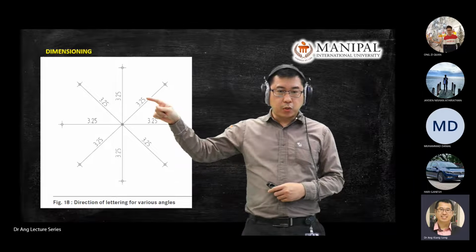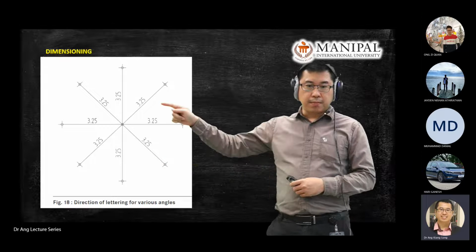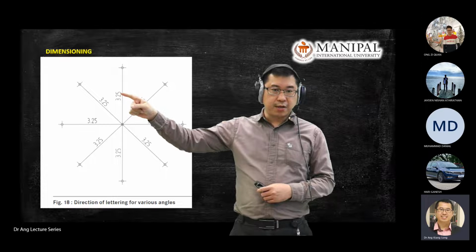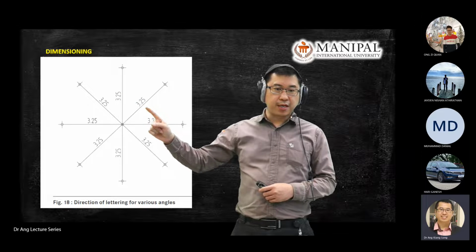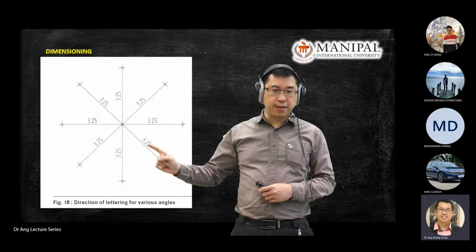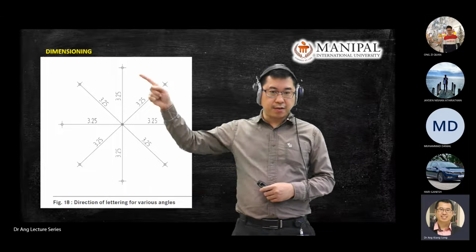Make sure you have a clear orientation. If your line is horizontal, the dimension is always above the line. What happens if it's a vertical line?